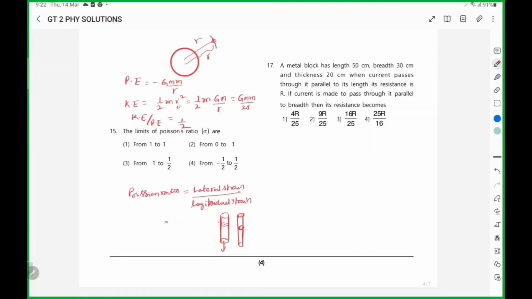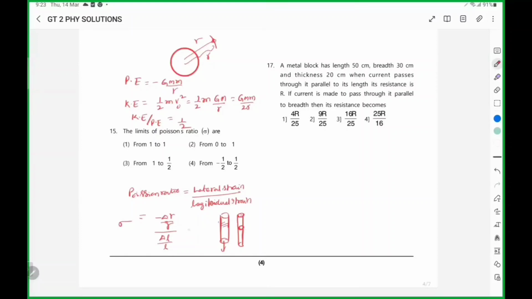Once cross-sectional area decreases, lateral strain means delta R by R decreases, delta L by L. So this is Poisson ratio.